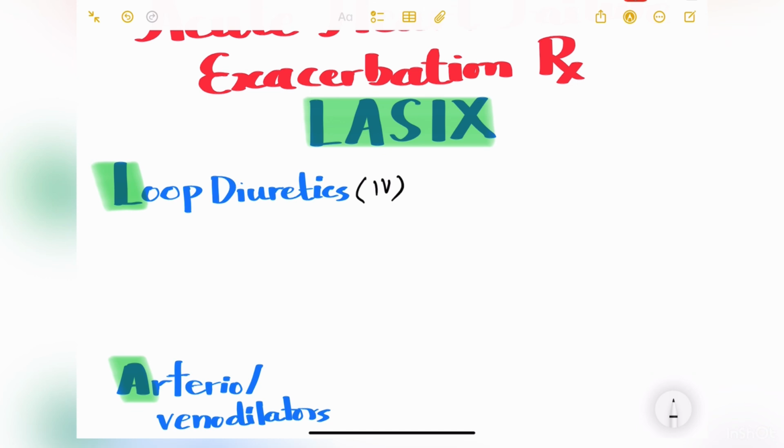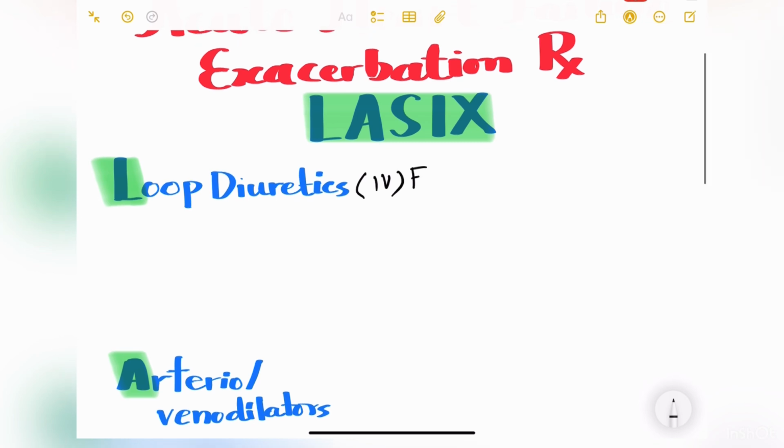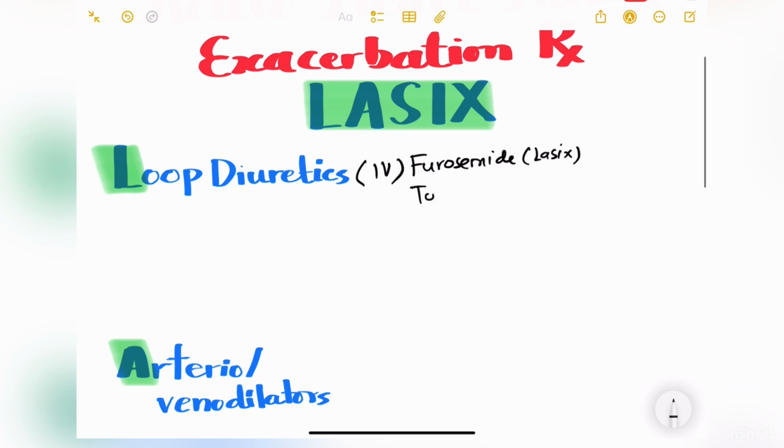So as far as loop diuretics are concerned, there are three loop diuretics that we can use in patients with acute heart failure exacerbation. The most common is furosemide, also known as Lasix. The second is torsemide, and the third is bumetanide, also known as Bumex.